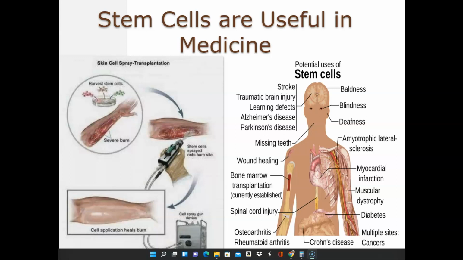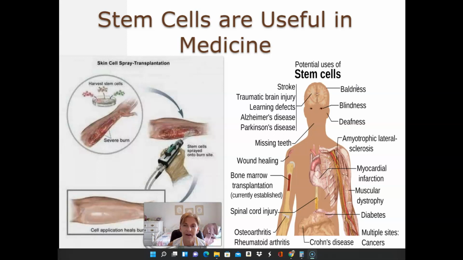So it was very invasive. Not only do you have your one injury, but you're creating a second injury to heal the first. With stem cells, you don't need to take those grafts from other parts of your body. So that's super helpful and helps the healing process. You can see lots of different things we might use stem cells for.